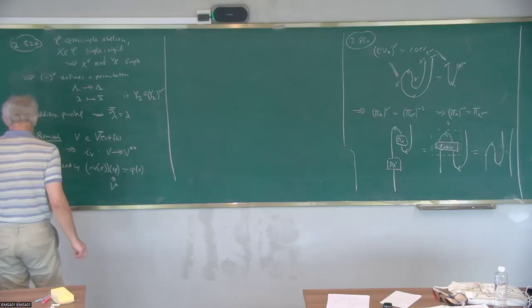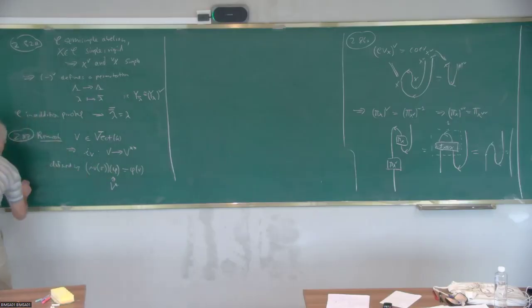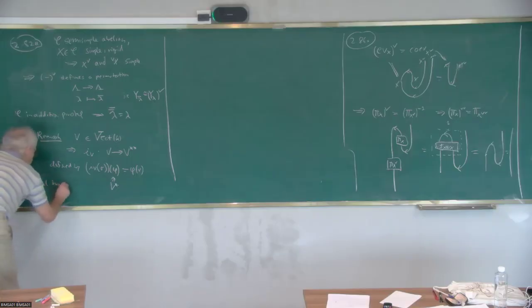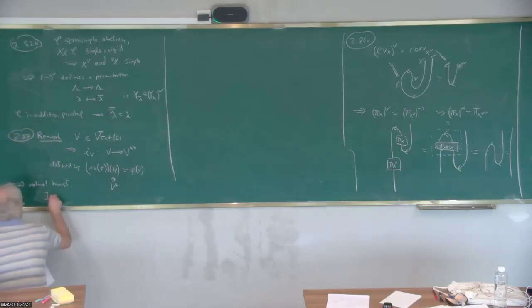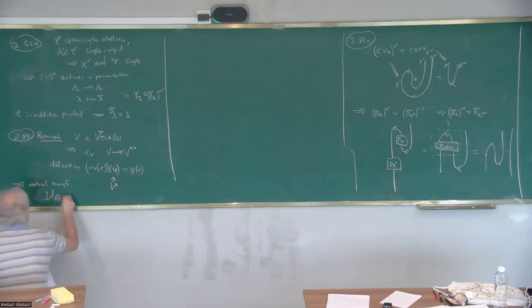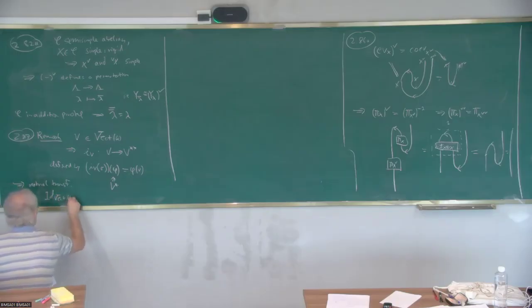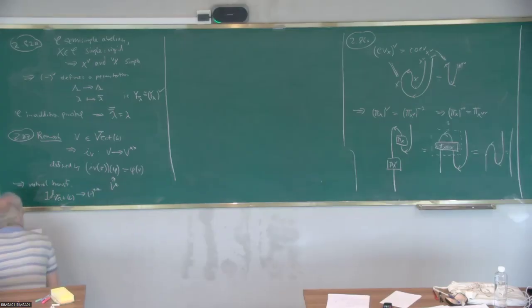And this indeed gives a natural transformation from the identity functor on the category of all vector spaces over K to the double dual in vector spaces.